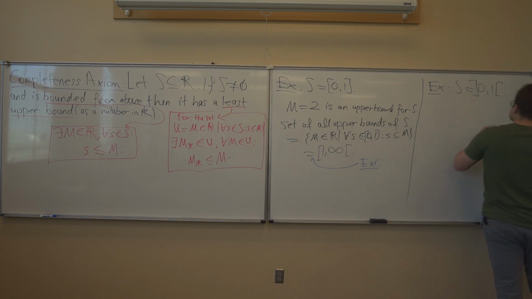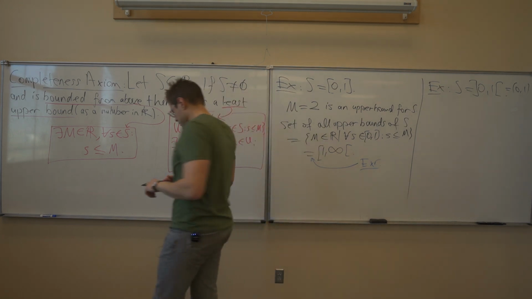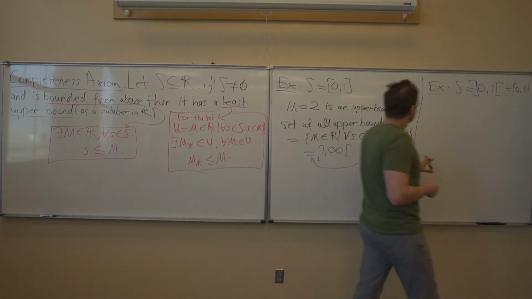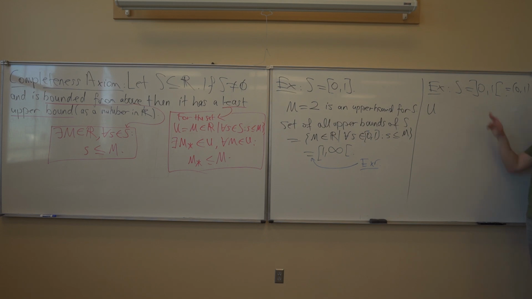In American notation, this would be (0, 1). Now I look at U, the set of upper bounds for S. Certainly, 1 is an upper bound, and any number greater than it, 2 is an upper bound, which means that [1, infinity) is included.